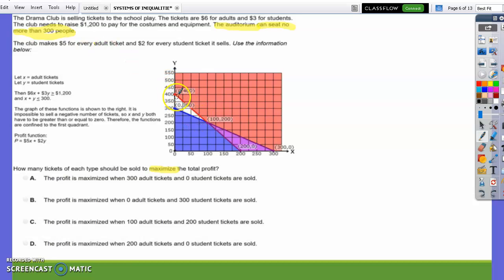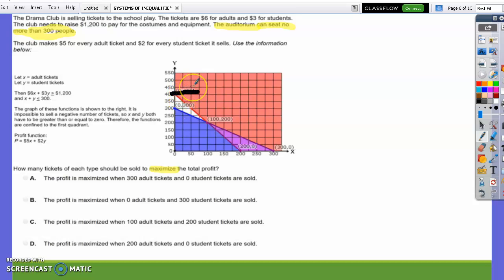So if you look at your first line, this red line over here, it gives you this ordered pair 0, 400, which means that they sell 0 adult tickets and 400 student tickets. Well, that's nice, but that doesn't work for us because 0 plus 400 equals 400. We can only sell 300 tickets, so I'm going to cross that off.